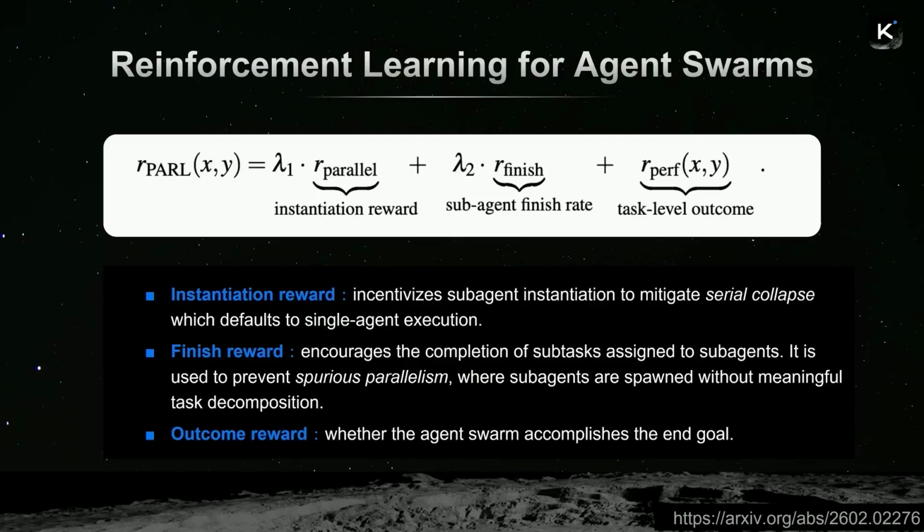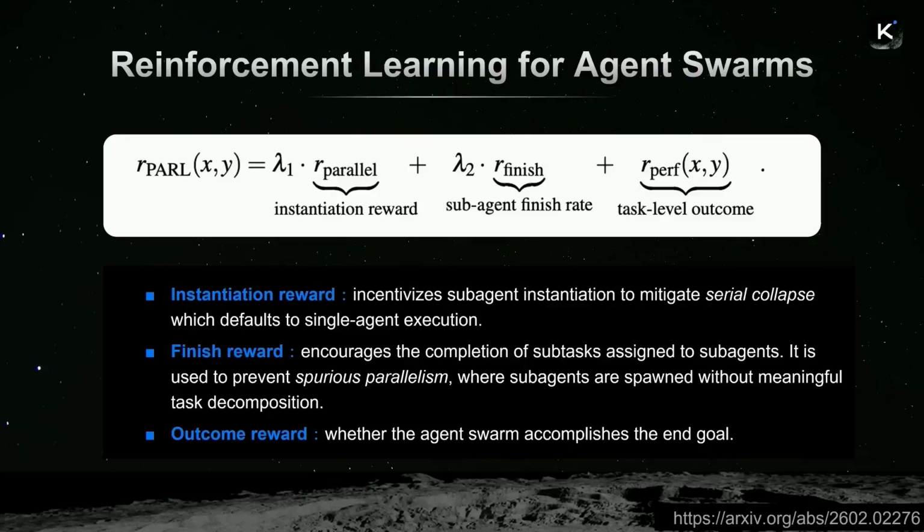And technically, we define some new objective functions to guide the learning process of our agent swarm system. There are three reward objectives considered here compared to the conventional single agent RL learning. The first term is what we call the instantiation reward.